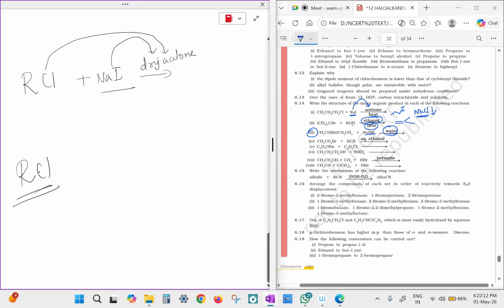Because the energy generated between RCl and the water is not so strong to break open the strong hydrogen bonding between water. So alkyl halides are literally insoluble. If they are insoluble in water, they should be soluble in a non-polar solvent like dry acetone. So RCl and NaI both are soluble in dry acetone.